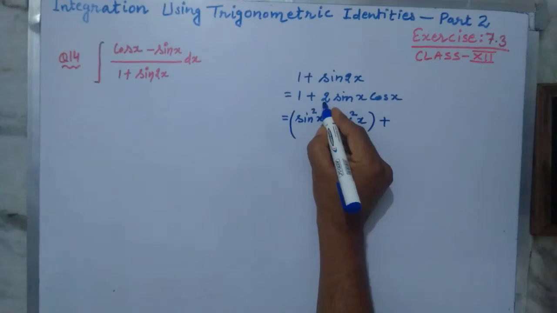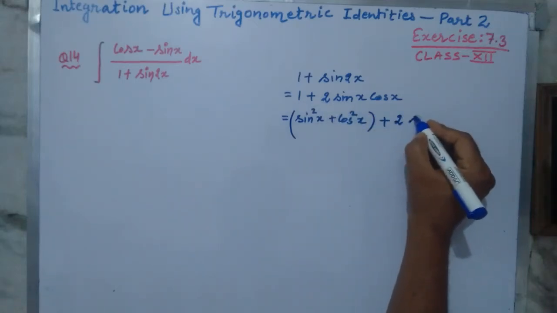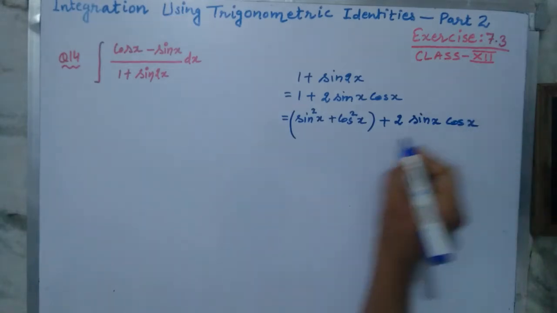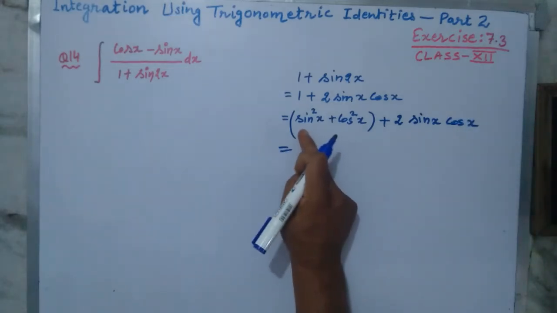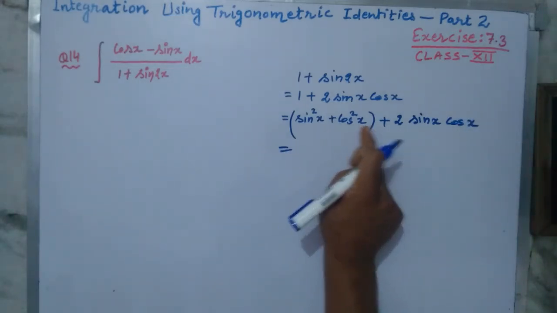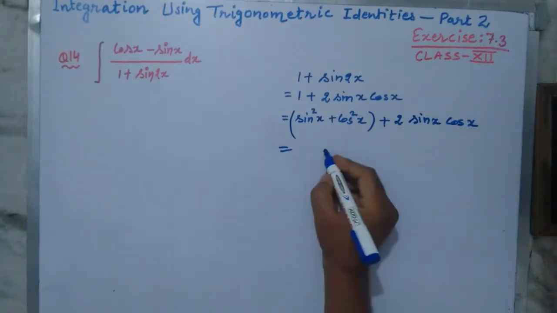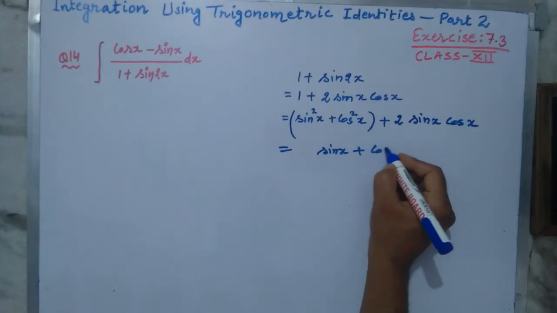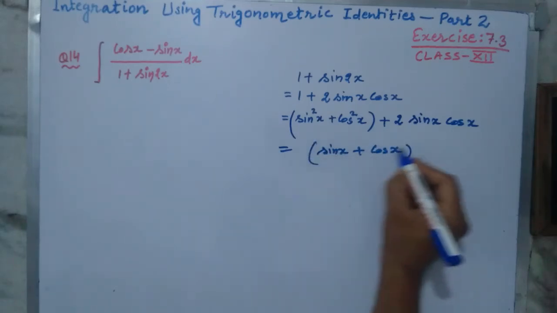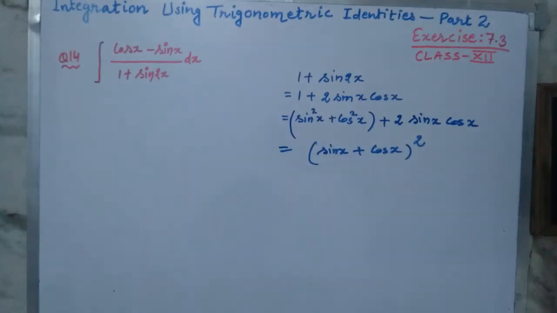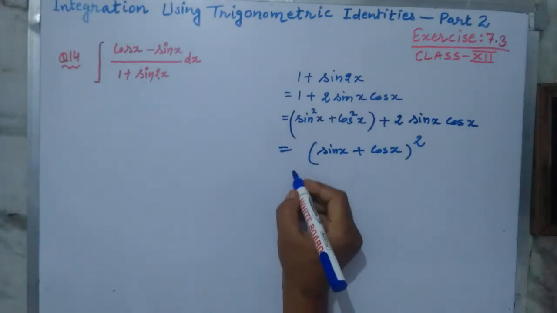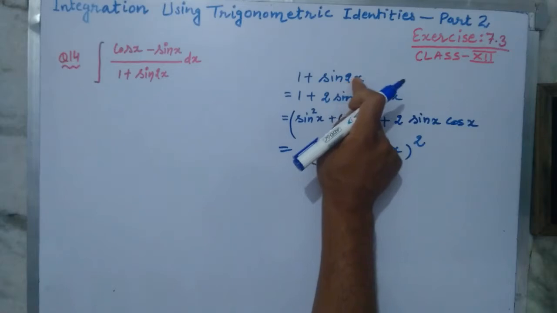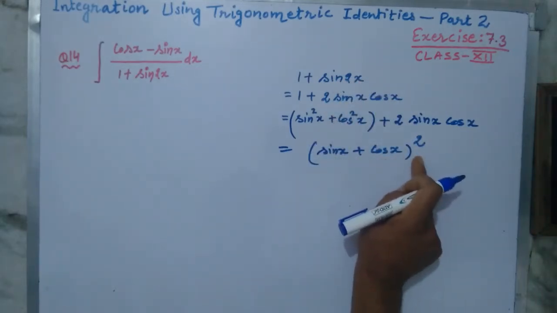So next we are left with 2 sin x into cos x. So ultimately sin square x plus cos square x plus 2 sin x into cos x means (sin x plus cos x) whole square. Moreover, we can write now 1 plus sin 2x, the final value is this.